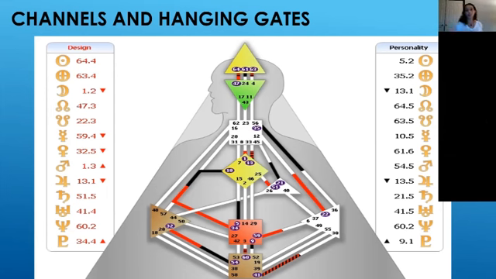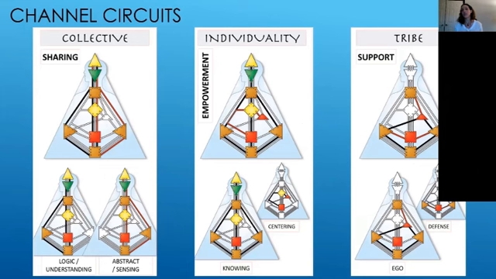Each of your circuits actually has an energy to them too. I'm just going to touch on this, but if you do choose, I can always help you with a chart reading. I would go into it in absolute detail for you, and I'll put together an entire report that tells you what every gate is in your chart and what every channel is in your chart, and whether it's collective, individual, or tribe.